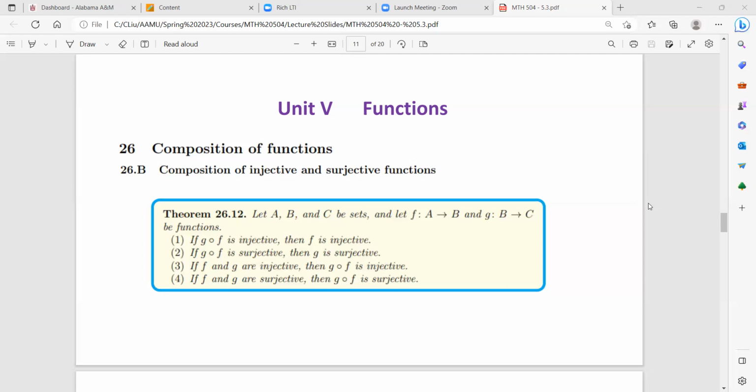And then you can make a composition. So just be careful about that in order for this composition to be defined.